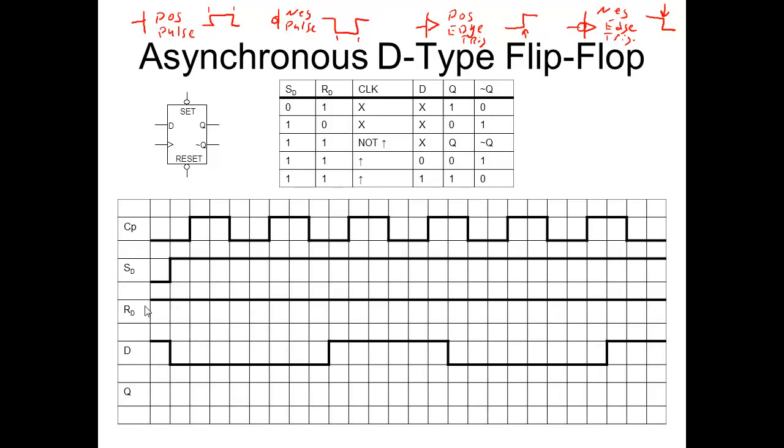So in this figure one, you can see RD stays high the whole time, so I can ignore that one completely. SD went low just at the very beginning, just to give us a startup condition. Now, let me pull up a highlighter. We can just look at these positive edges. So really, we only care what's happening there, and there, and there, and there.